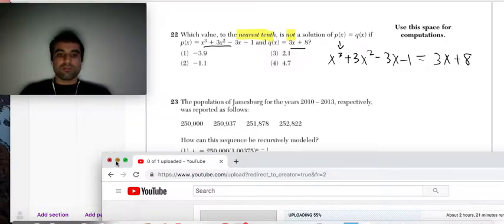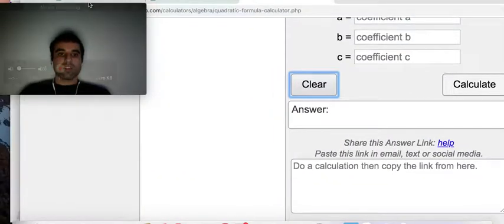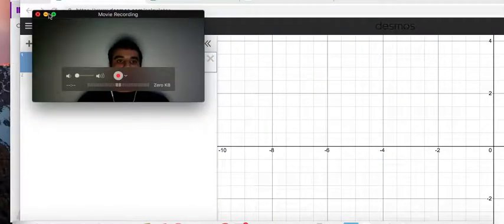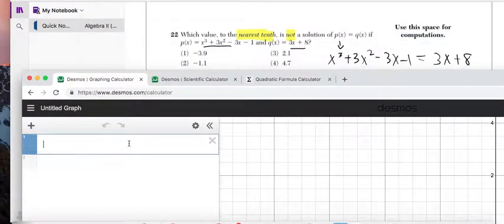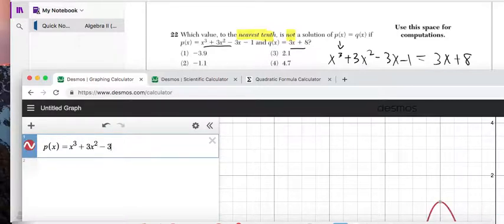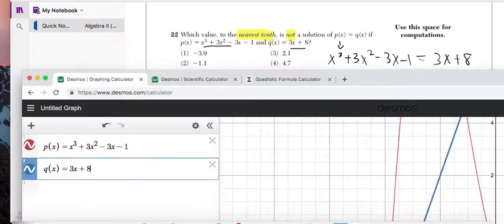Wrong window. Okay, so I'm going to minimize me for now. I'm going to enter the two equations. So one of them, p of x equals x cubed, and you could enter it as y equals or y1 equals in your calculator depending on what kind you have. And q of x equals 3x plus 8.